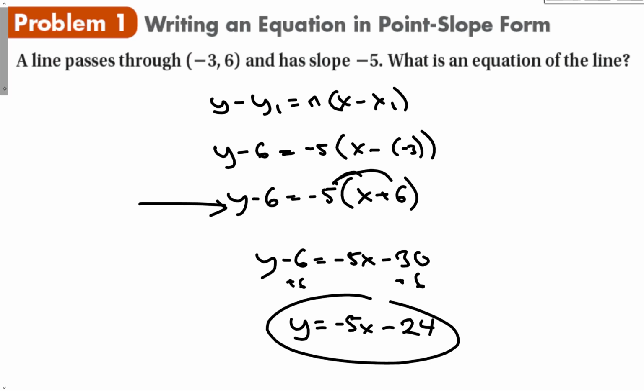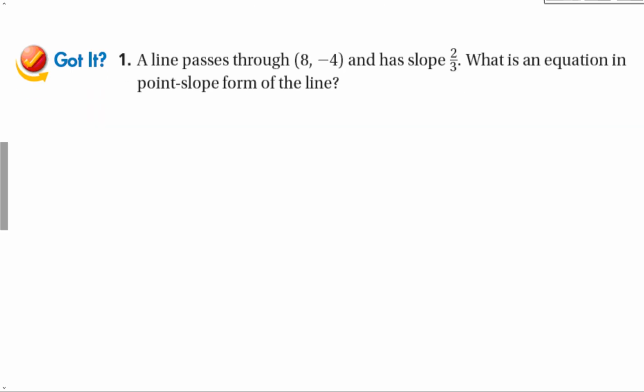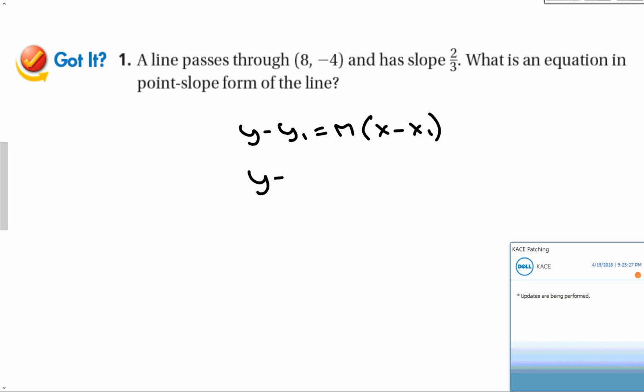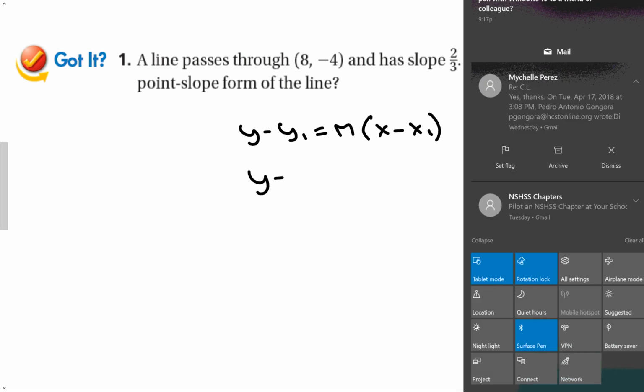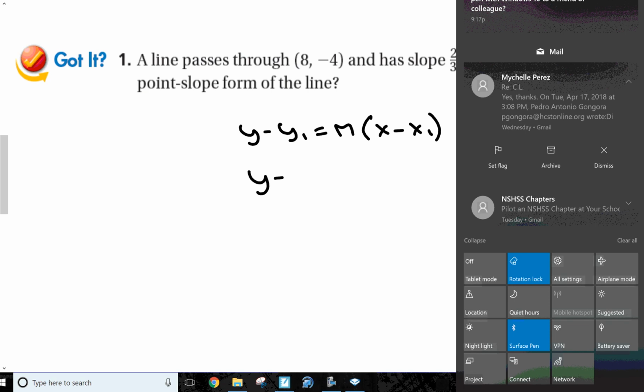Okay. Let's try a got it problem. A line passes through 8, -4 and has a slope of 2/3. Write an equation in point slope form of the line. So y minus y1 is equal to m times x minus x1. Just replace my variables with the numbers.